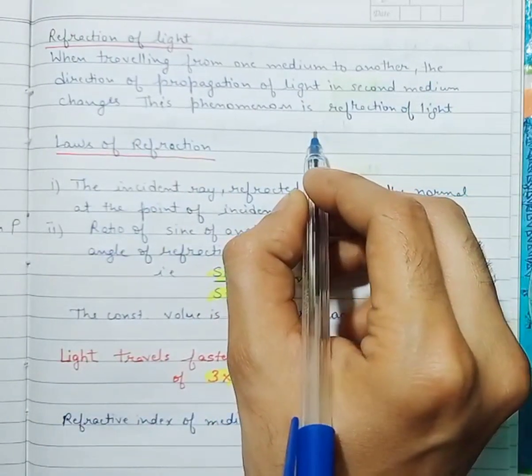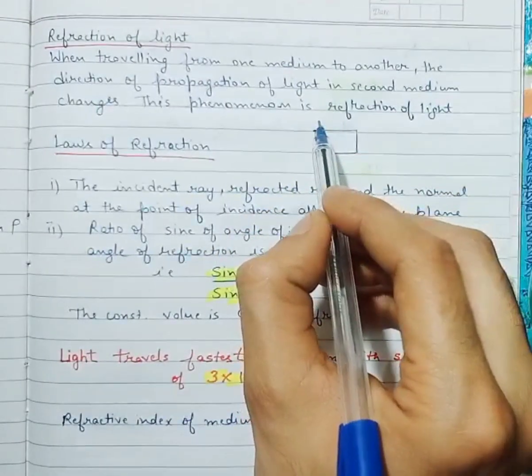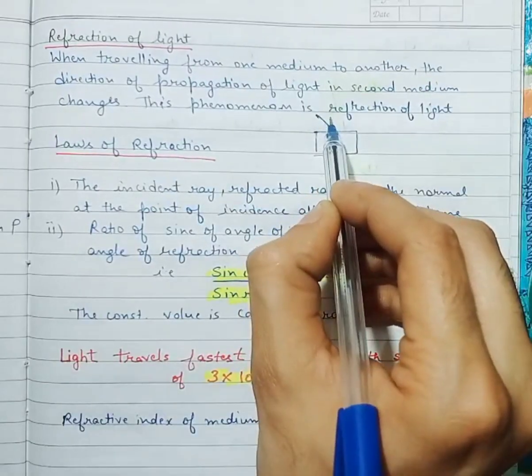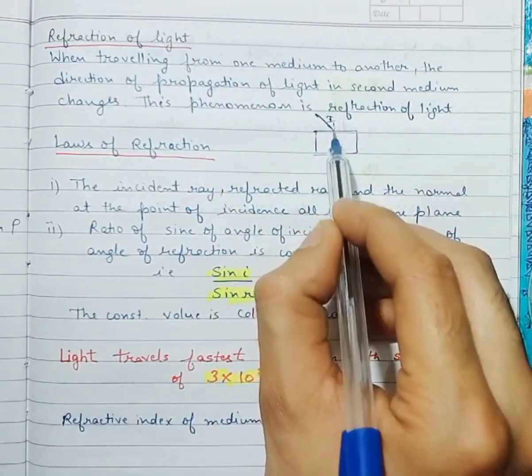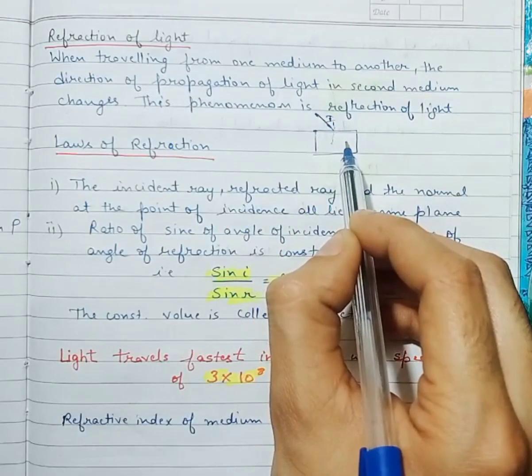Let's take a glass slab, and let's say light is coming. Here this is the incident ray. This is the normal. This is the medium air, and this is the another medium, that is glass.